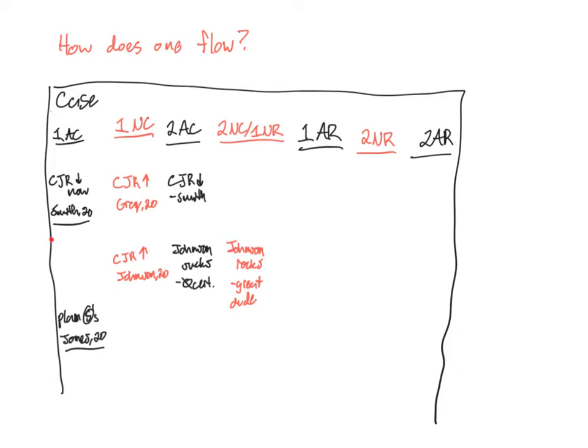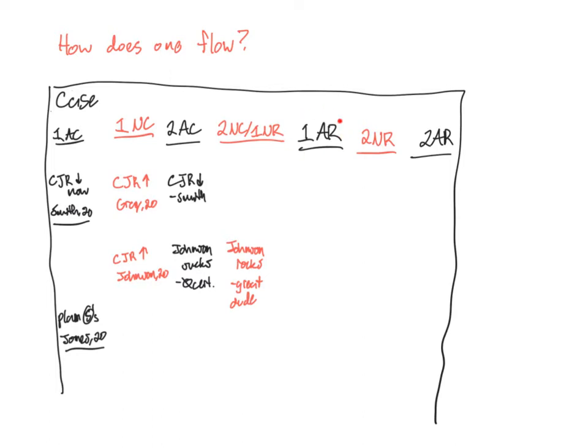By having the speeches go across the page this way, as I go through the round, I can see, okay, in the 2AC, this is where the next argument was made there, then they responded in the 1NR right there, and so on. It helps us to line up the debate as we move along through the speeches in a way that allows us to see the natural progression between them.